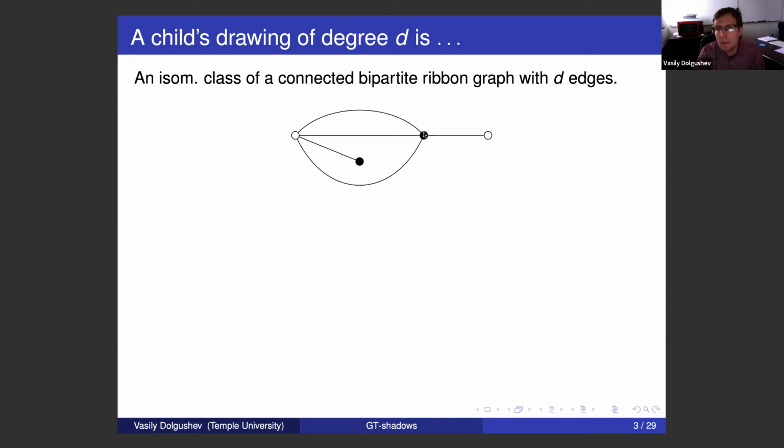Bipartite simply means that I can color vertices black and white, traditionally, and then there are no edges from black to black or white to white. And then a ribbon simply means that it's important how it is drawn.